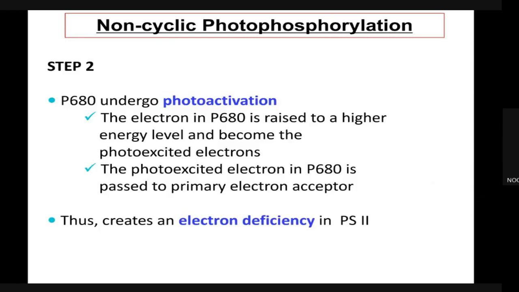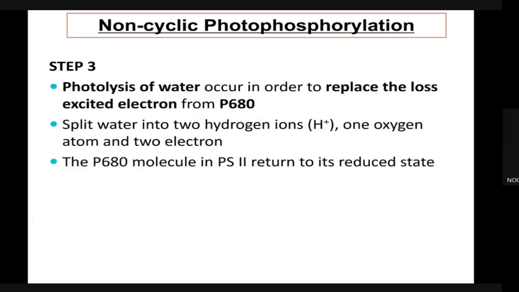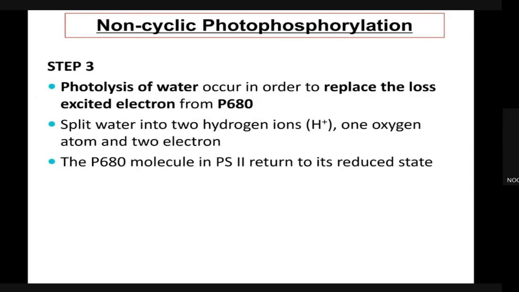The excitation of the electron from the P680 to the primary electron acceptor will create an electron deficiency in photosystem 2. Thus, the electron lost in the P680 will be replaced by an electron from photolysis of water.